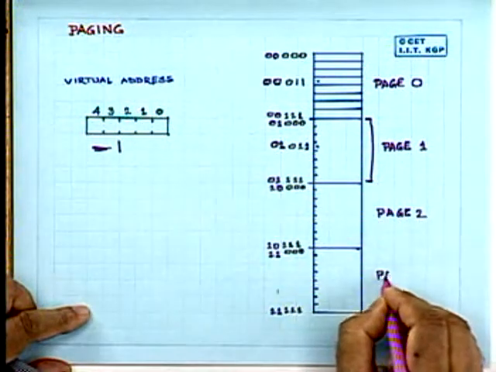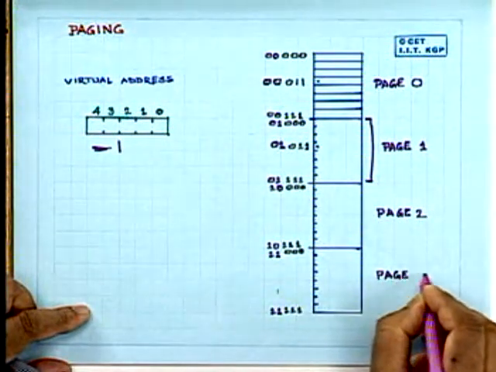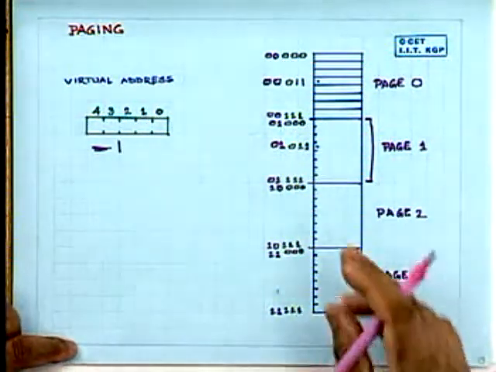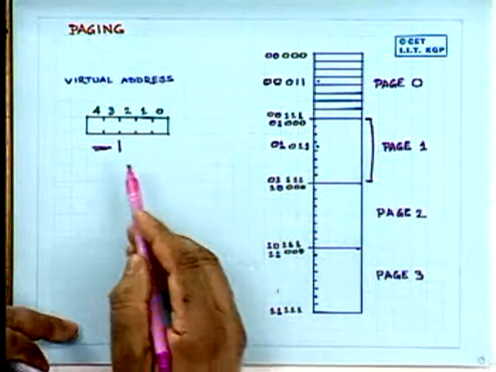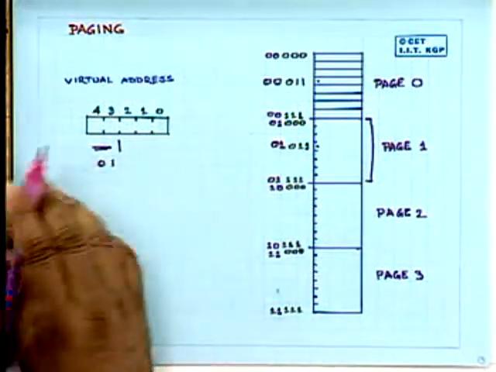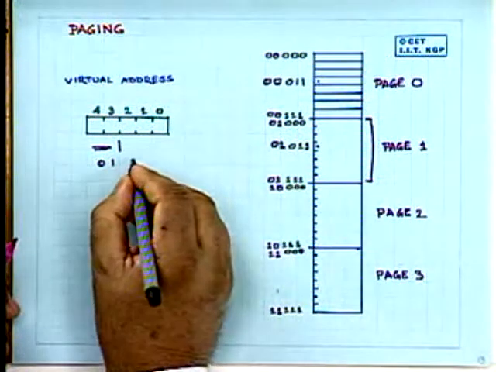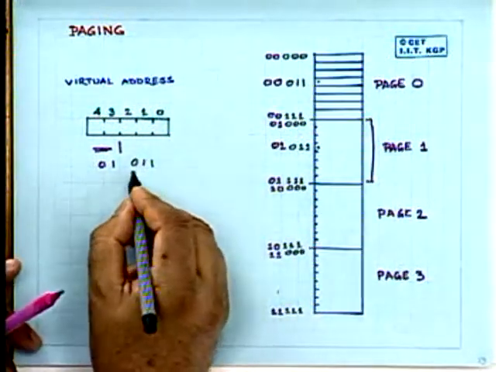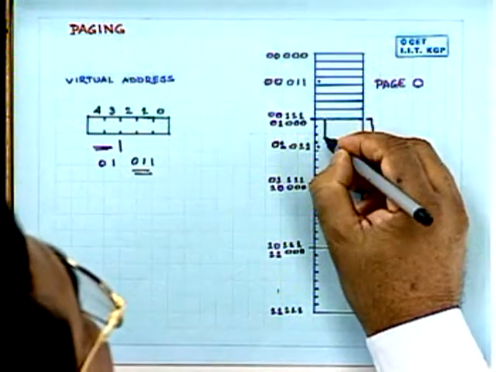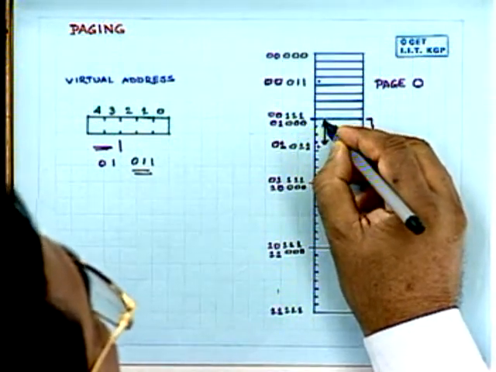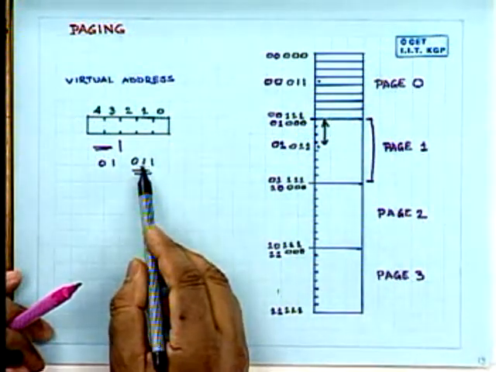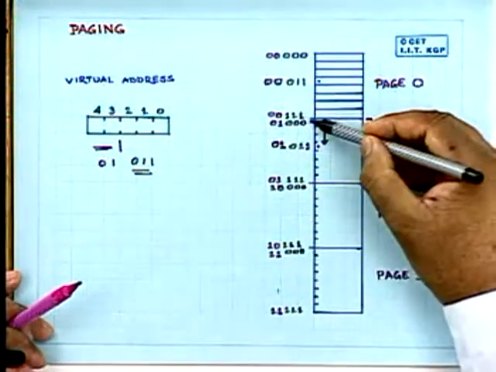And if this is 11, then I am in page 3. And the complete address, for example, if we have 01 and then 011, this 011 gives an offset, the offset of this particular byte, the third byte from the beginning of page 1.